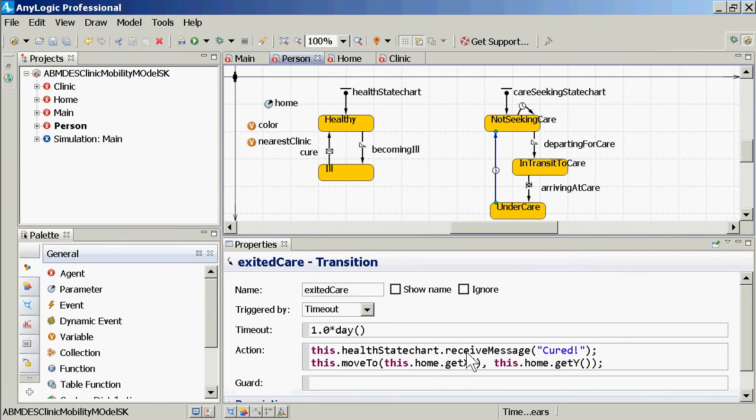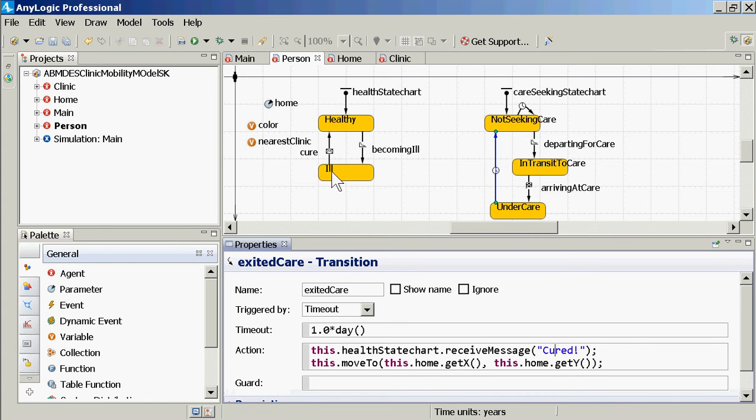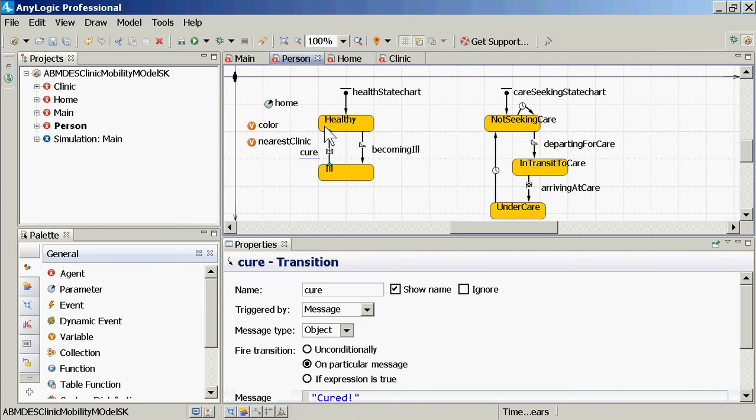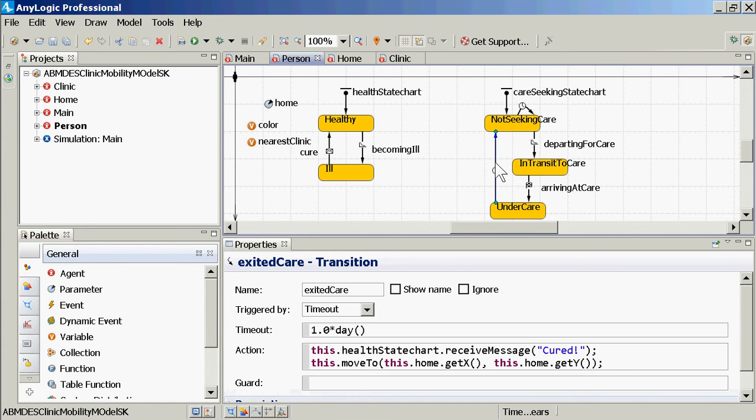So we view them as being cured by this treatment under care. On this return transition, it tells this state chart, you've received this message saying cured, and this state chart now puts them in that state. So when they come back to not seeking, by that point they're healthy again.